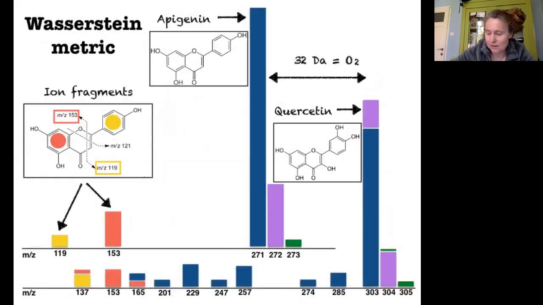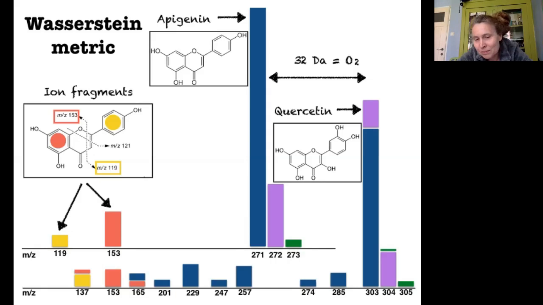Okay, so at the end, I would like only to mention the new approach we propose in mass spectrometry, namely to apply optimal transport to compare spectra. You can see here two color spectra.